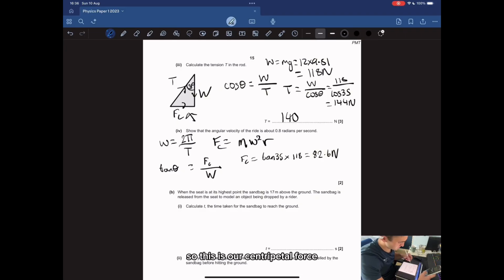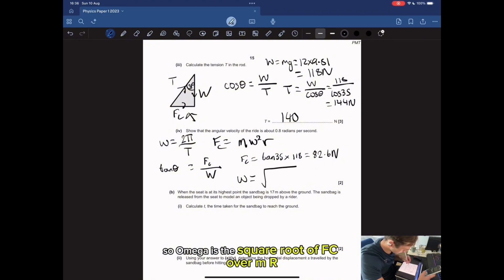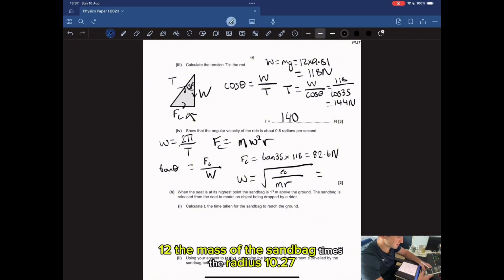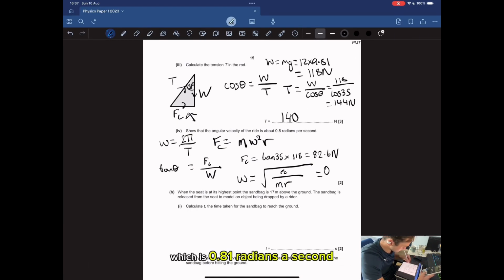So this is our centripetal force, and we're going to rearrange for omega. So omega is the square root of Fc over mr, which is the square root of 82.6 over 12, the mass of the sandbag, times the radius, 10.27, which is 0.81 radians a second, which is good. It means it's right.